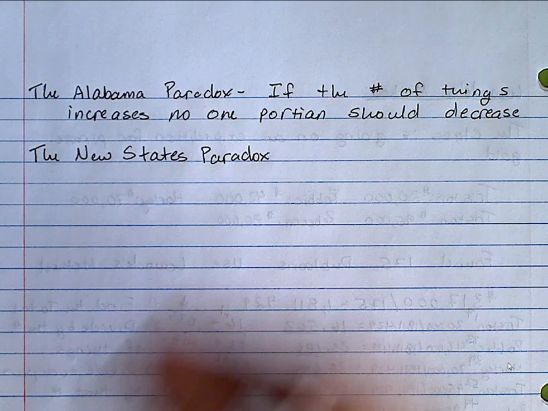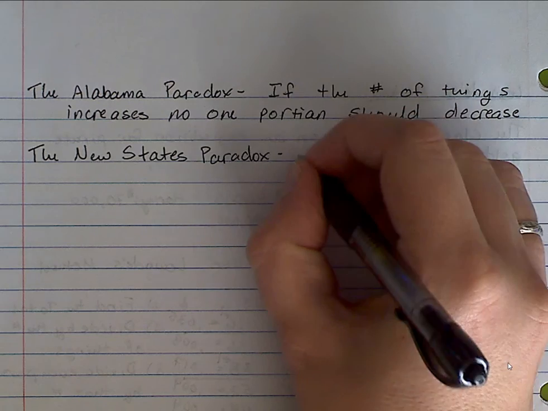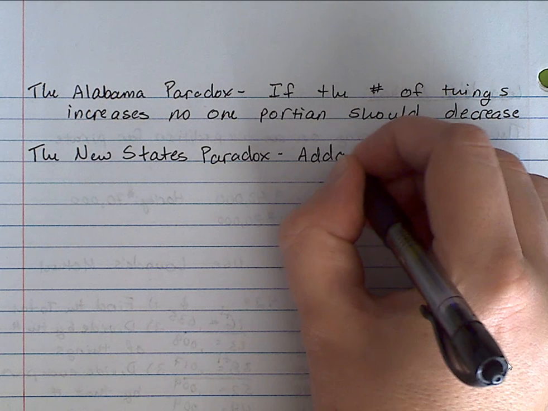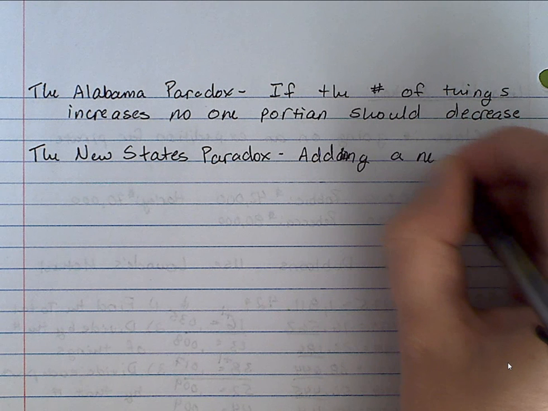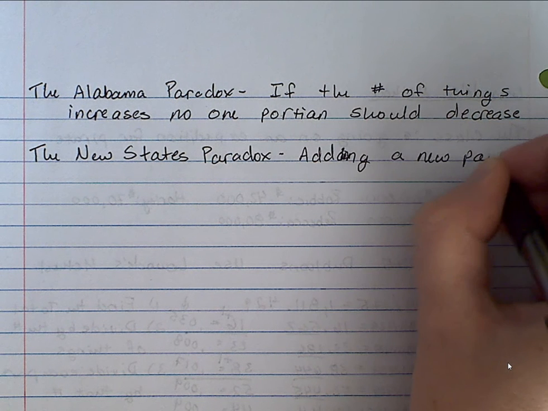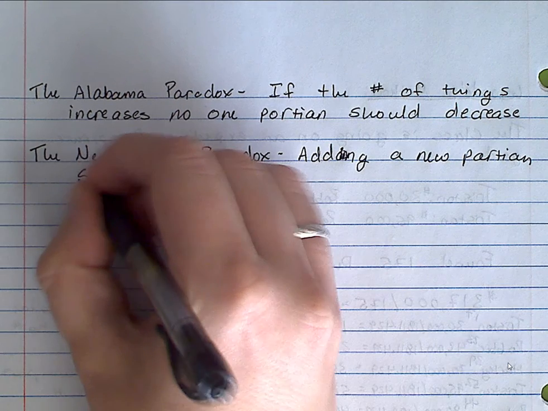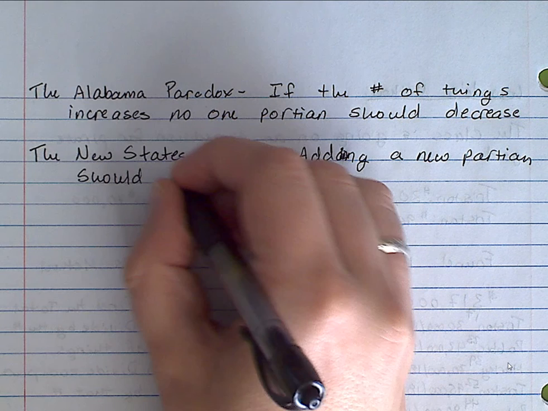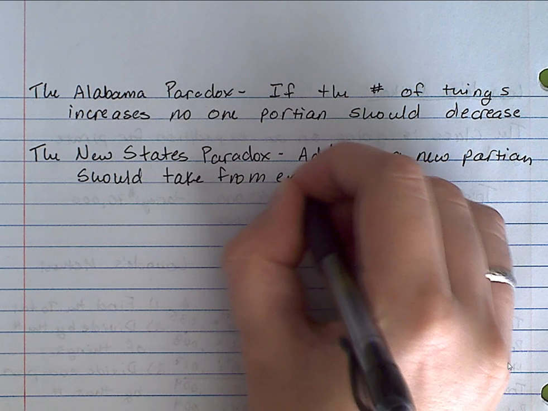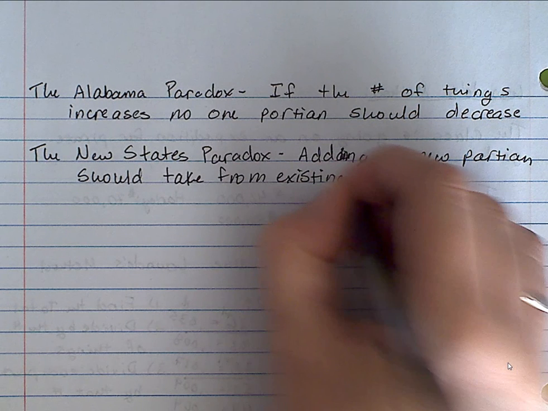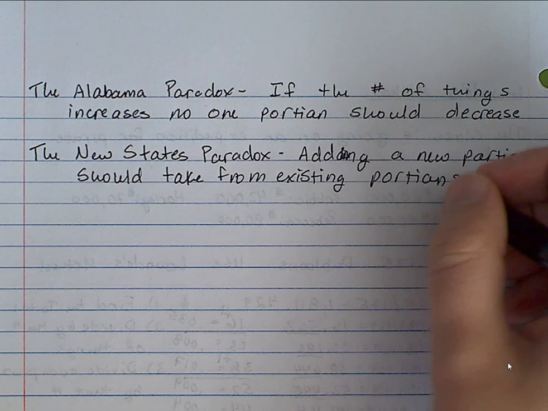All right, so the new states paradox is what we're going to talk about next. The new states paradox says adding a new portion should take from existing portions only.